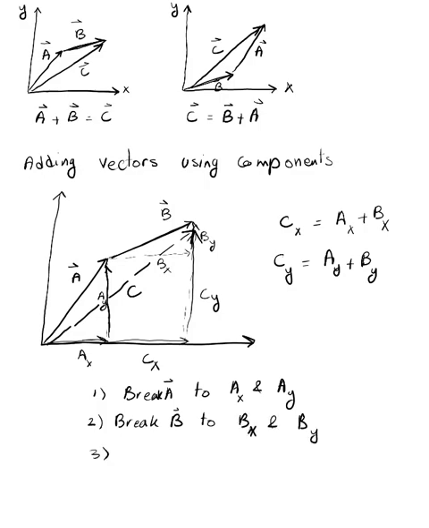Then add the x's together, which gives you Cx, and add the y's together, which gives you Cy, the components x and y of the resultant vector. And at the end, to find C, we are going to use this equation: square root of Cx squared plus Cy squared.